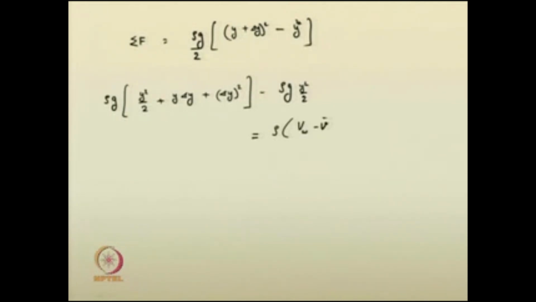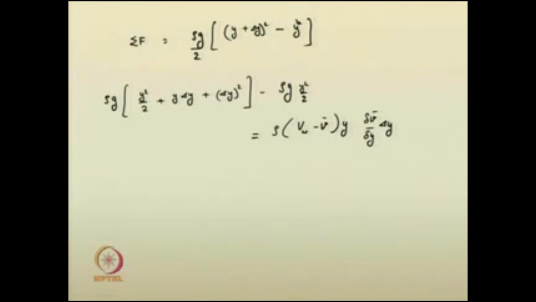So, I will get rho g times y squared by 2 plus y del y plus del y whole square, minus rho g y squared by 2, equal to rho times (Vw minus V bar) into y into del V bar by del y into del y.